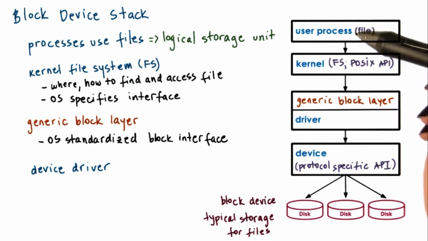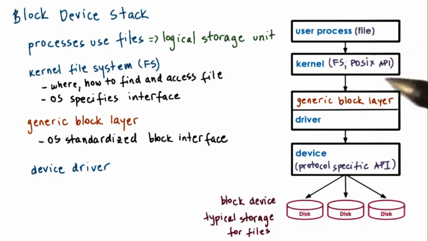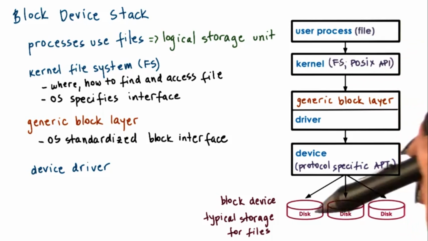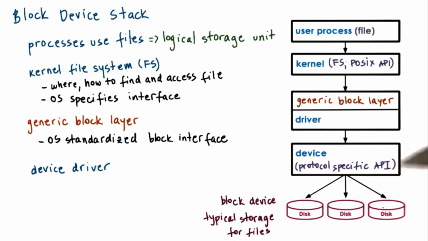So then what happens when the user process wants to perform an access, a read or write operation on a file? It invokes that read-write operation per the POSIX API. And the kernel-level file system will then, based on the information that it maintains, determine what is the exact device that needs to be accessed and what is the exact block on that device that supports that particular region of the file. That in turn will result in some generic read block, write block operations that are passed to the generic block layer.